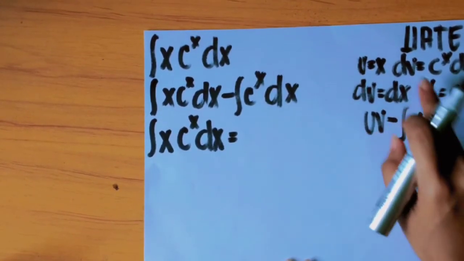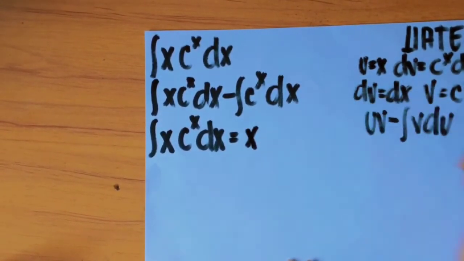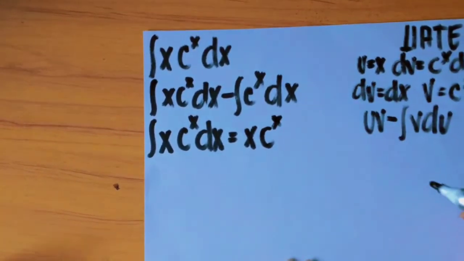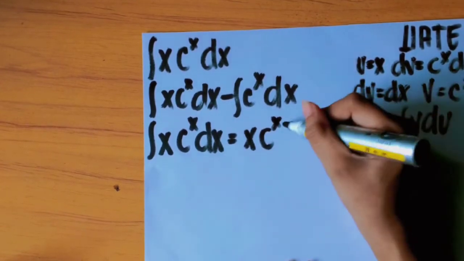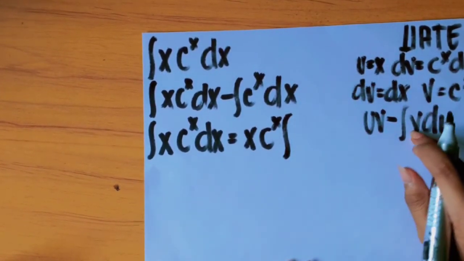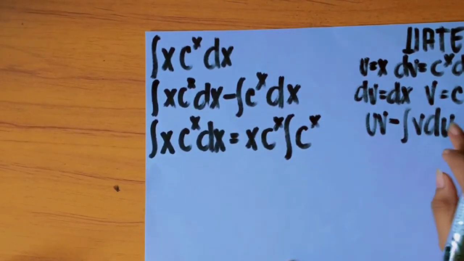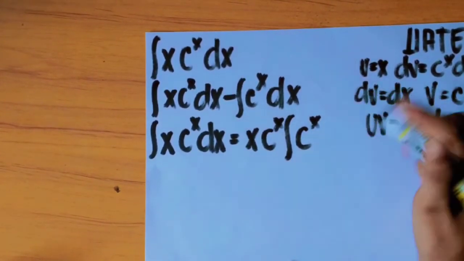So, the u is x, v is e raised to x, then integral of v, which is e raised to x, and du, which is dx.